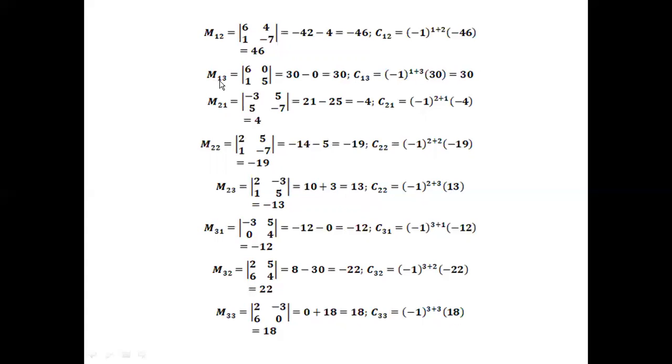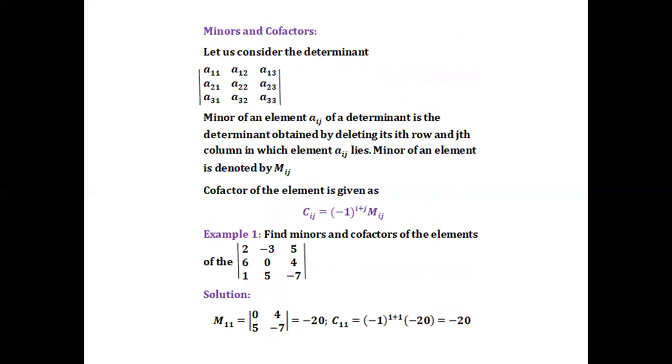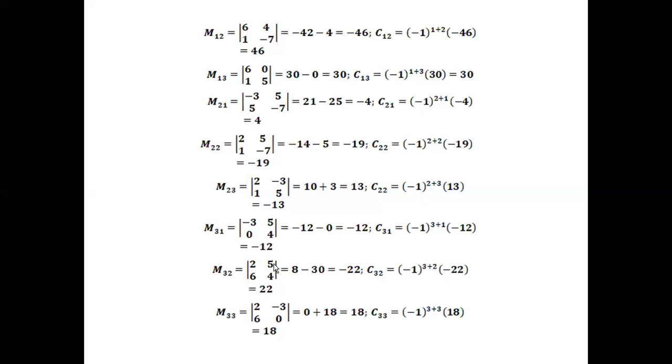Now next, M13, the minor of the element A13, that is the minor of this 5, which is present in the first row, last column. Taking the determinant of this block, 6, 0, 1, 5, and solving it, we get M13 is 30, and the cofactor is minus 1 raised to 1 plus 3, which is even.